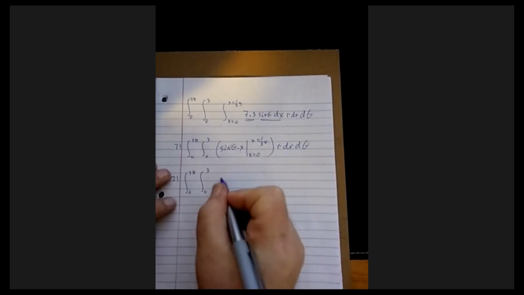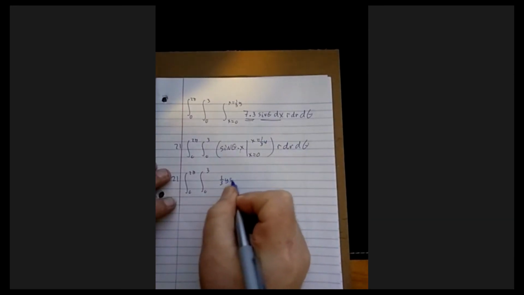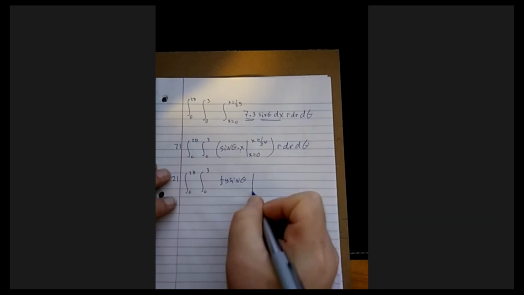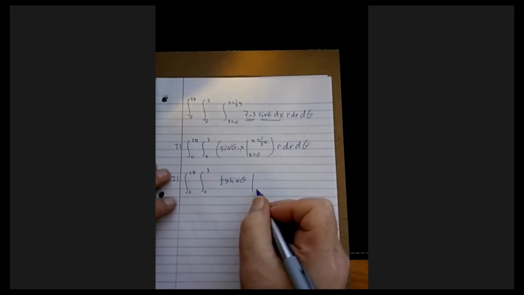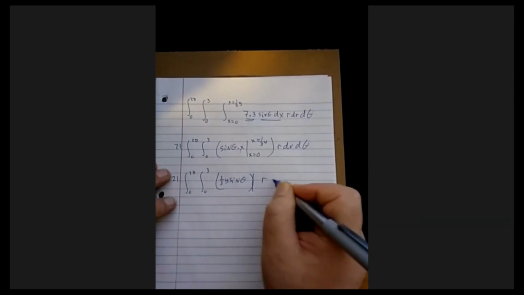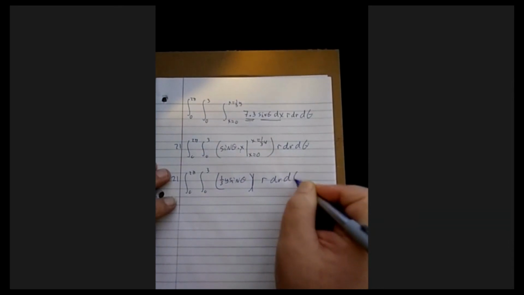Now you plug in this fella for x and you get 1/3 y sine theta, take away nothing essentially. So that's the end of that. r, dr, d theta.